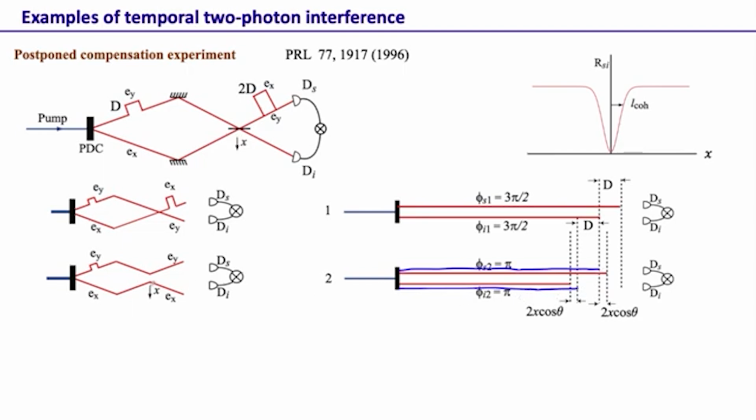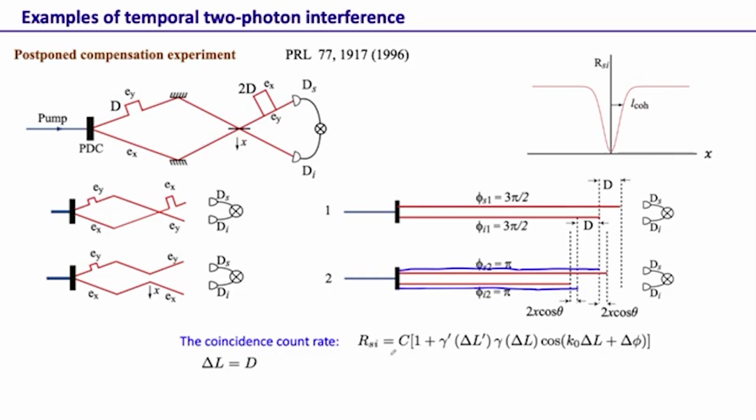From the balanced position, when we start moving this beam splitter, we increase the path length of the signal photon by 2x cosine theta, and we reduce the path length of the idler photon in the second alternative by the same amount, 2x cosine theta. So for evaluating this coincidence count rate, we need delta L, delta L prime, and delta phi.